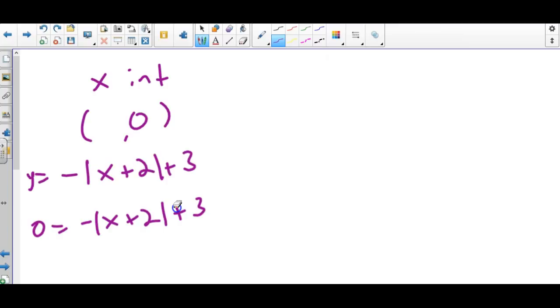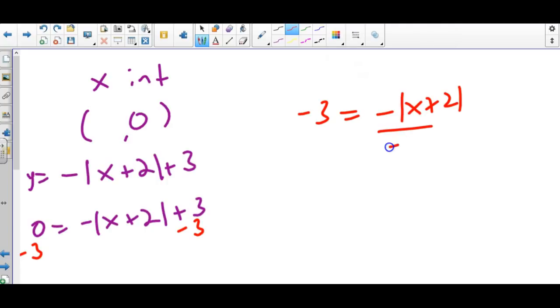I'm going to subtract 3 on both sides. So 0 minus 3 is -3. Then I'm going to get rid of this negative by dividing by -1 on both sides. That cancels, and so does the negative here. So I have 3 equals the absolute value of x plus 2.